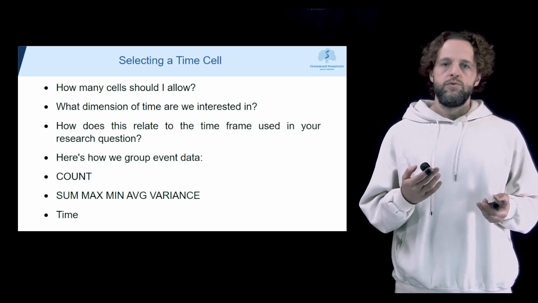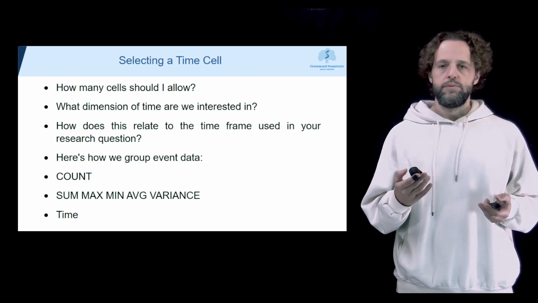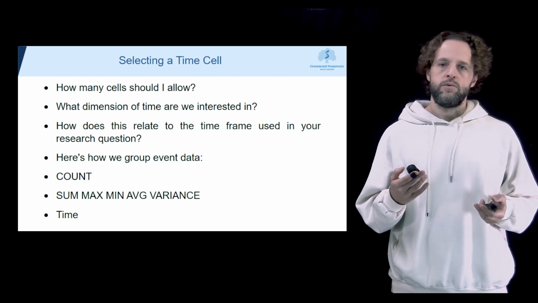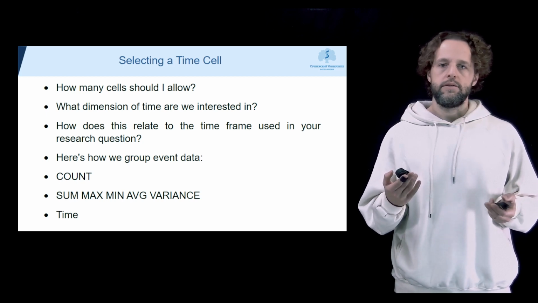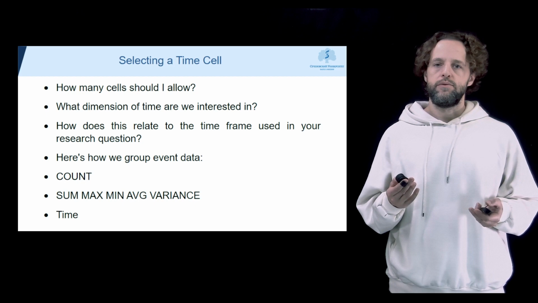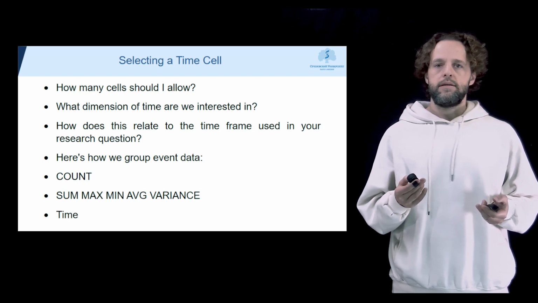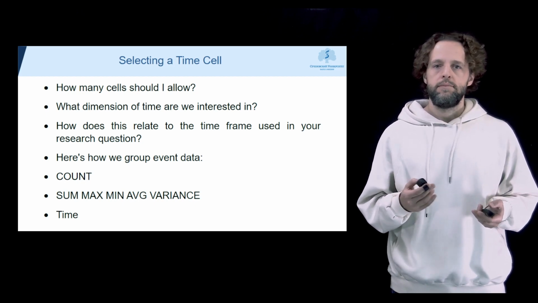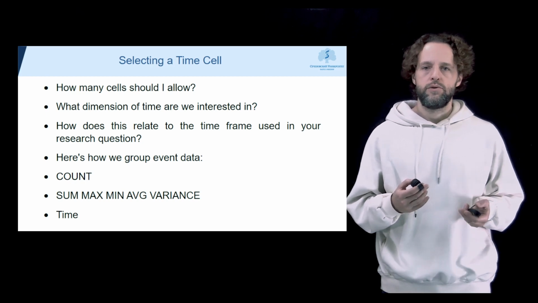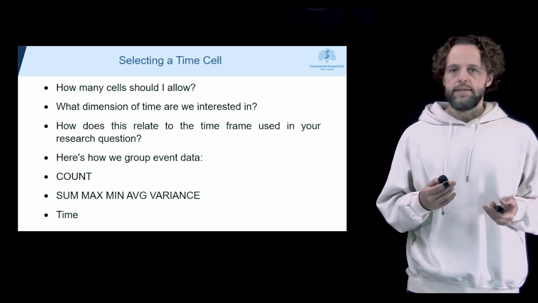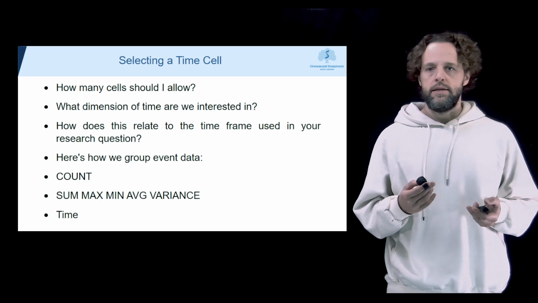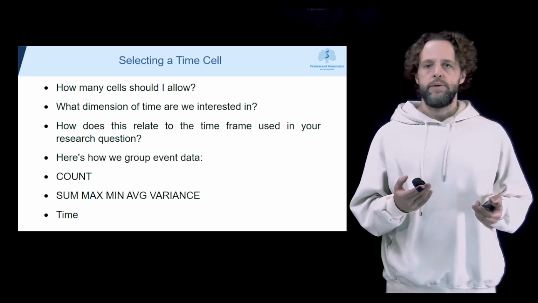The ability to decide how to group data and to work with this grouped data in each cell depends on the type of event. It may make sense to count the number of events that occurred in each cell. In this case, we can get a zero or positive value.